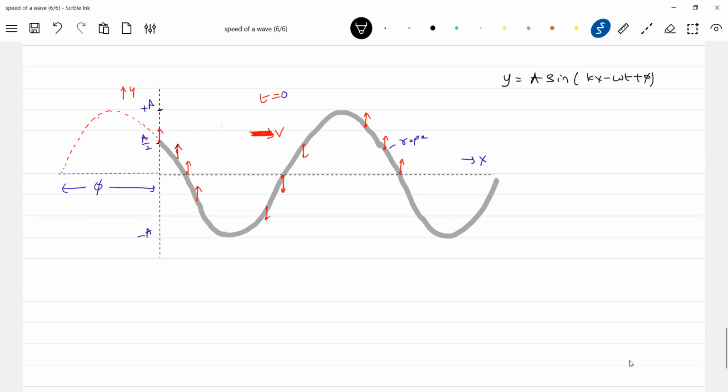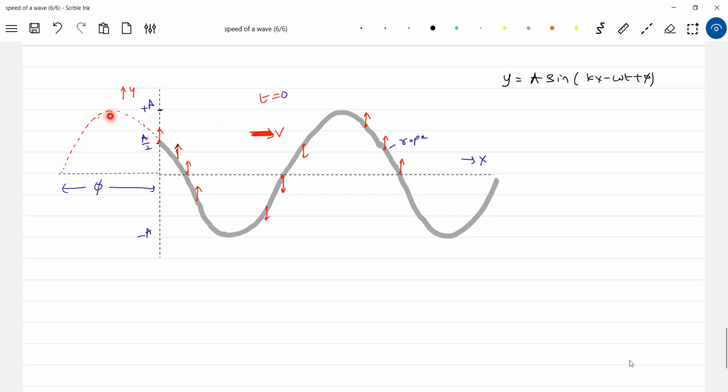Put x equal to 0, t equal to 0. We'll get y equal to A sine phi, and y is A by 2. If we solve it, we'll get pi by 6, no? But we know this is more than pi by 6, because this itself will be pi by 2. This total phase will be pi radian.